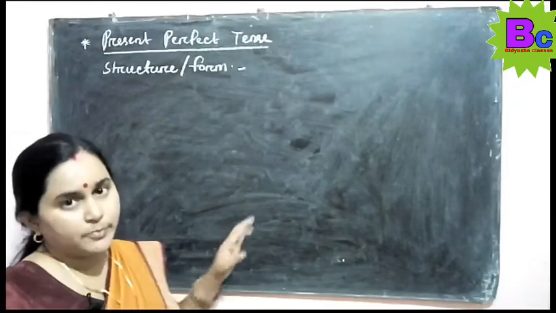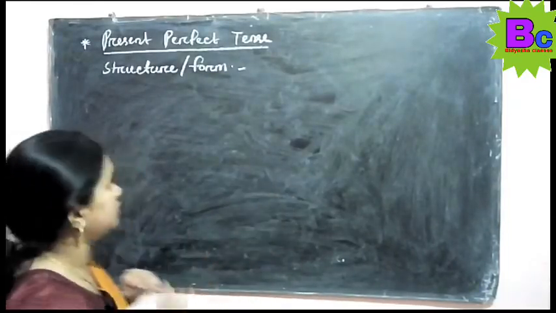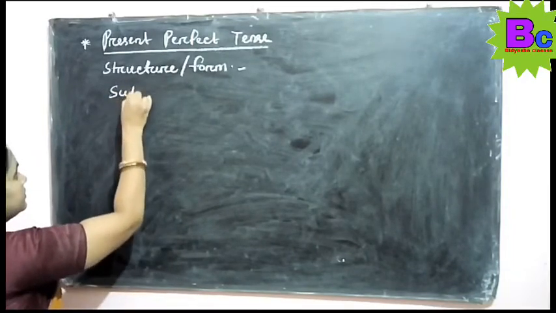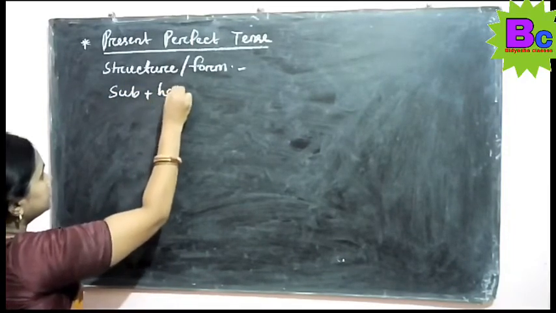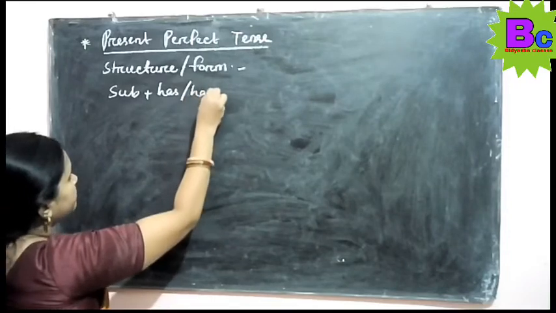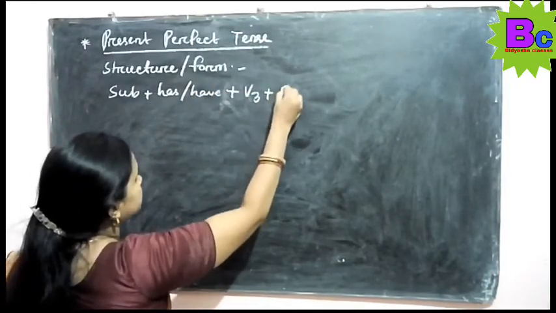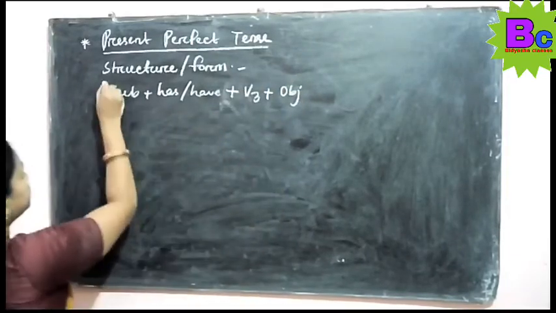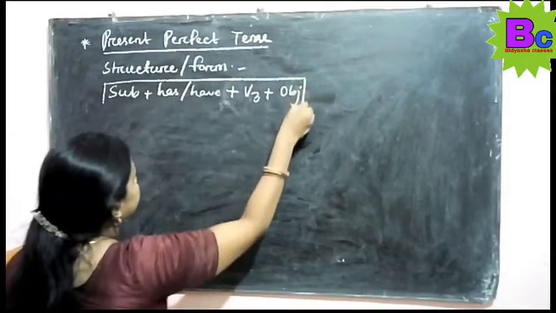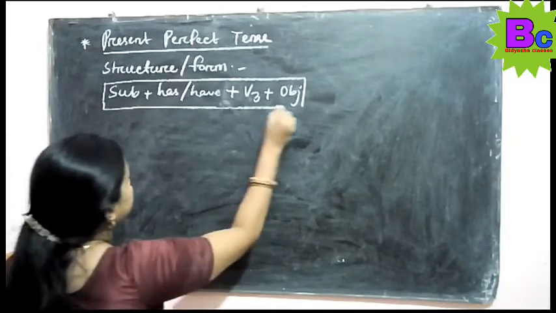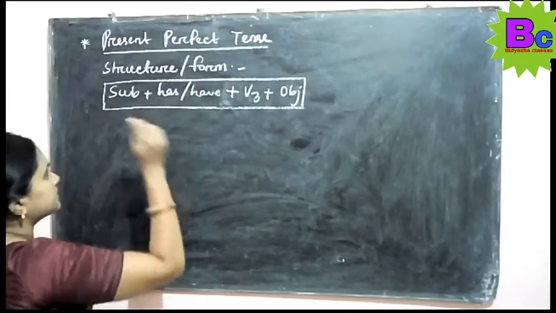So the structure for present perfect tense is subject plus has/have plus V3 plus object. Okay, this is the structure for present perfect tense.